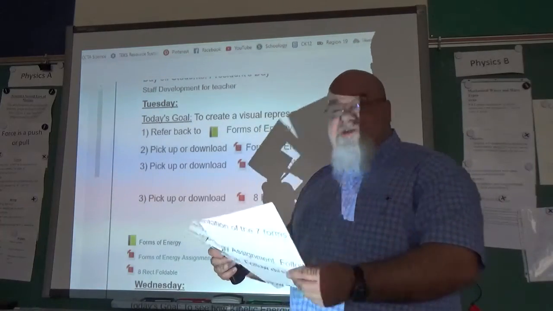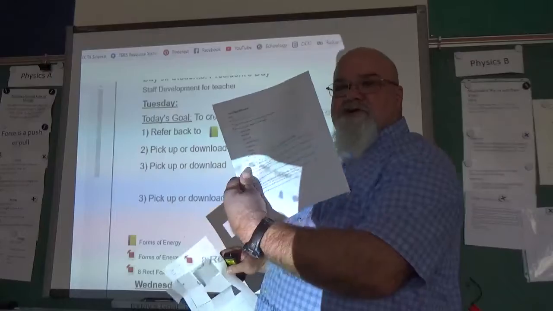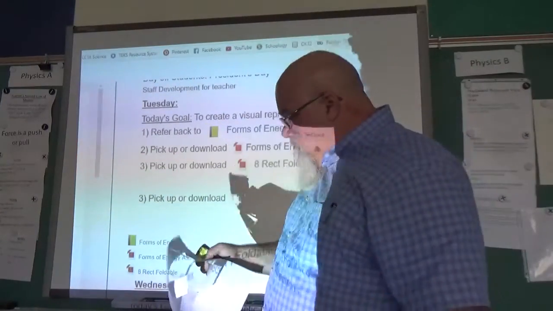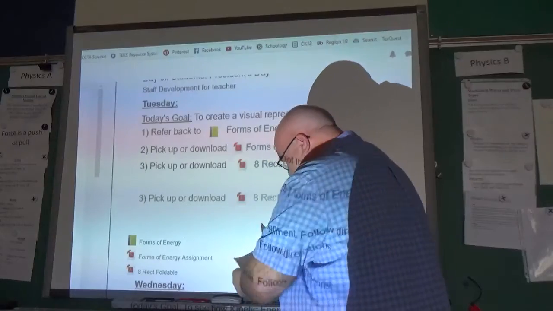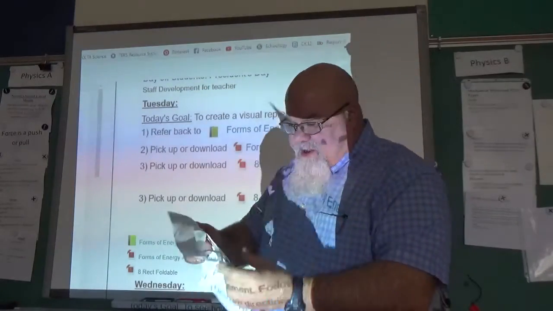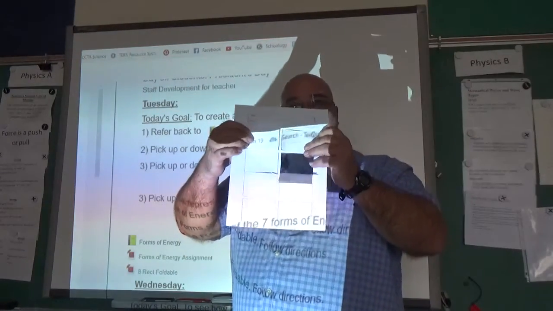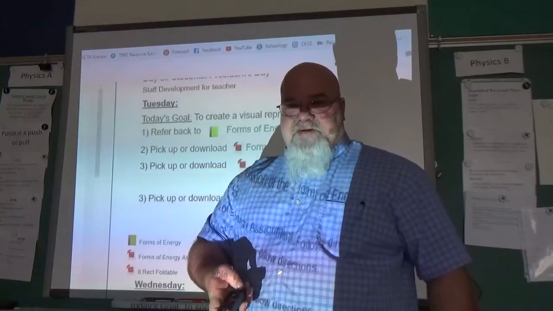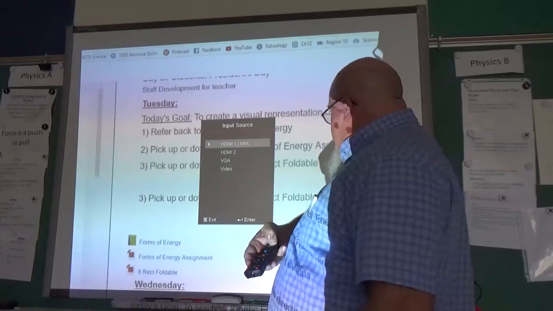Back on the back shelf, you should pick up a little sheet that says forms of energy, and it's going to tell you the steps for the foldable. And you're going to pick up a template like this. Voila. Now, let's see if I can actually get this thing to work for me today.